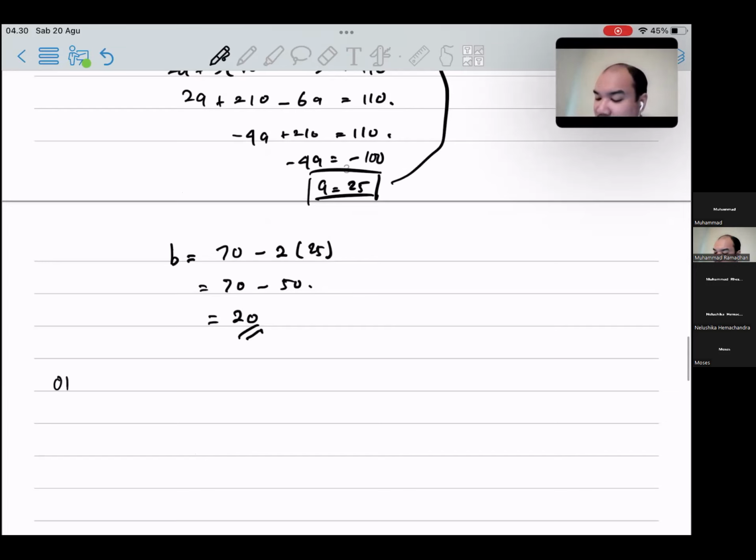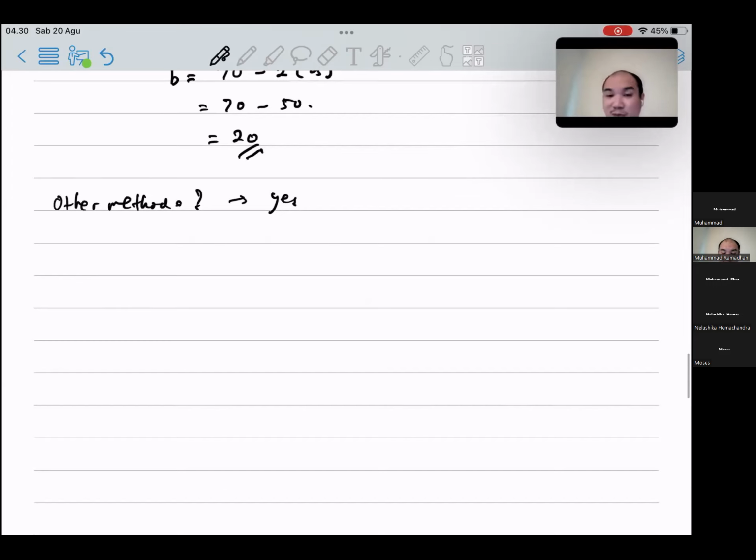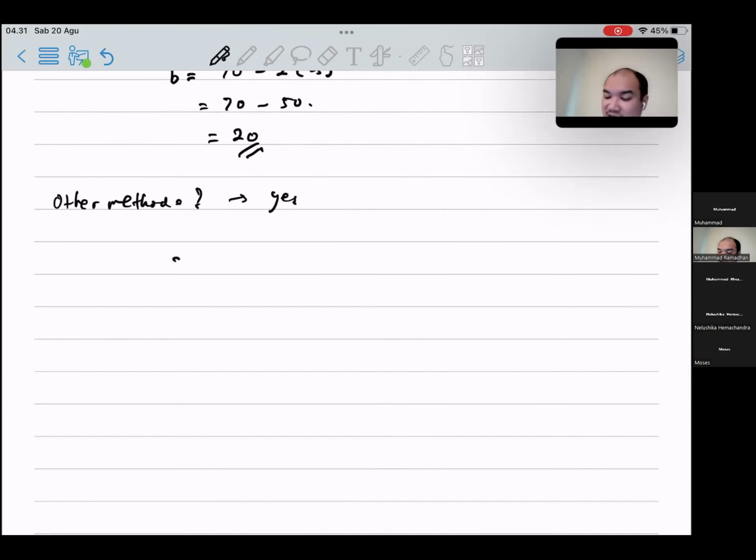Is there another method? Yes. You can solve this by using the elimination method, which is much easier for me. Here is the linear equation that I have written.